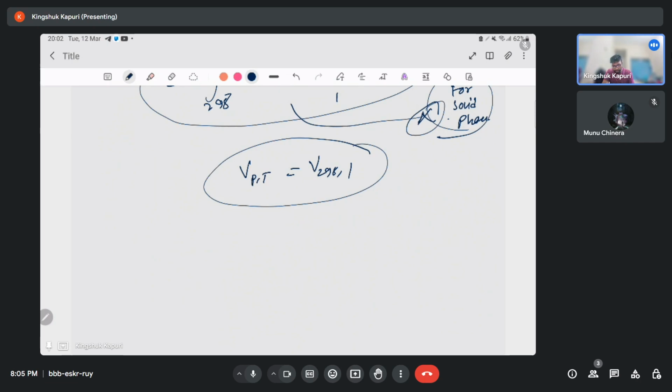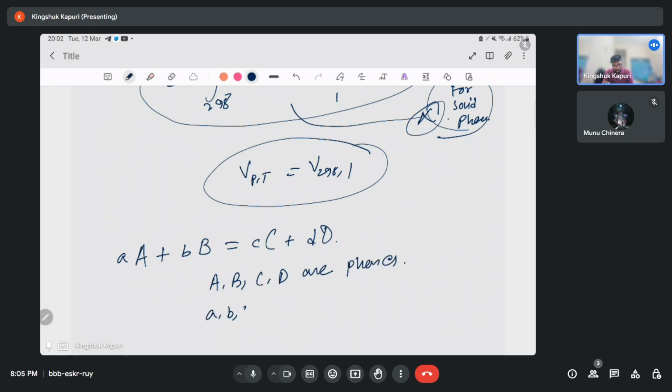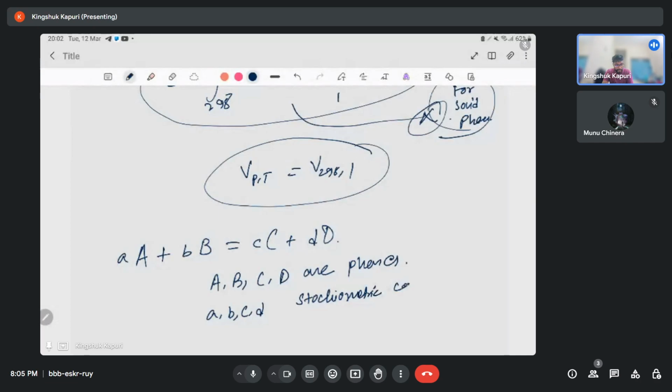Now I will show you another. Let's take a reaction aA + bB giving cC + dD. Here A, B, C, D are phases and small a, b, c, d are stoichiometric coefficients, right?